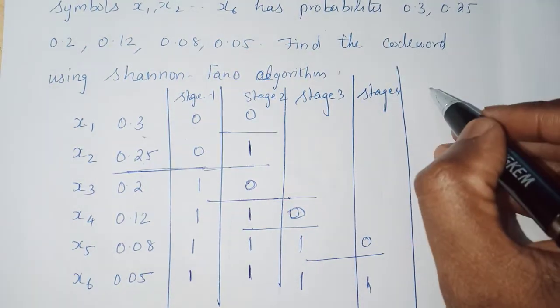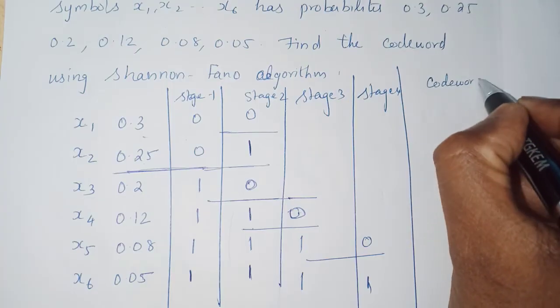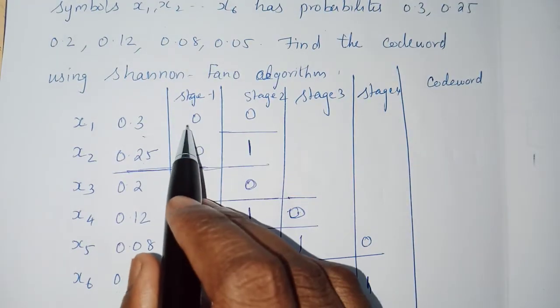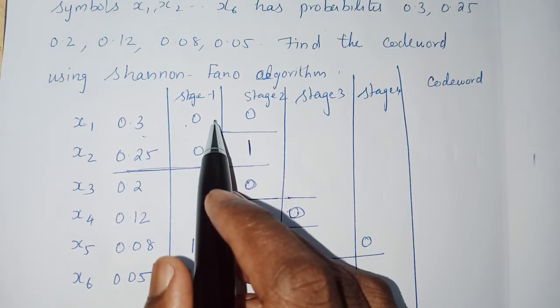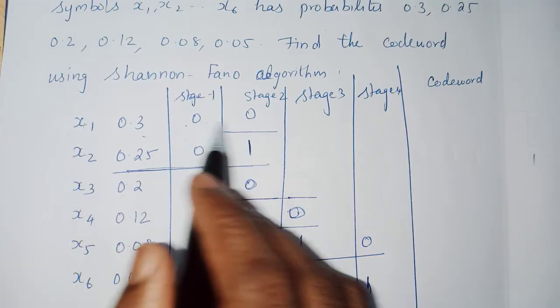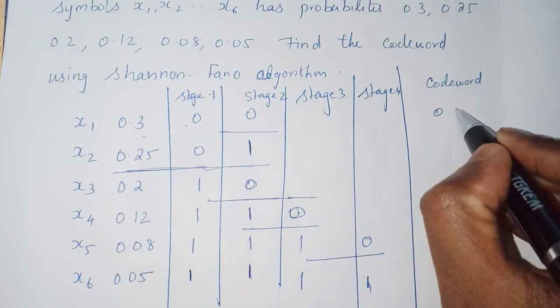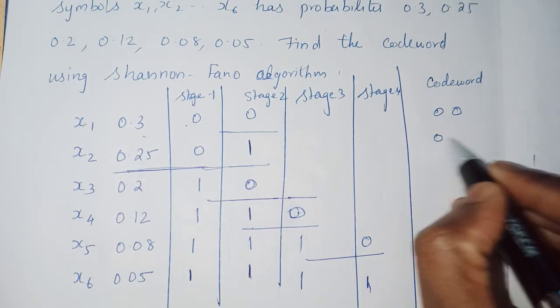Now to write the code word, it's very simple. Just combine these symbols, and that forms the code word. So the code word for x1 is 0 0. The code word for x2 is 0 1.